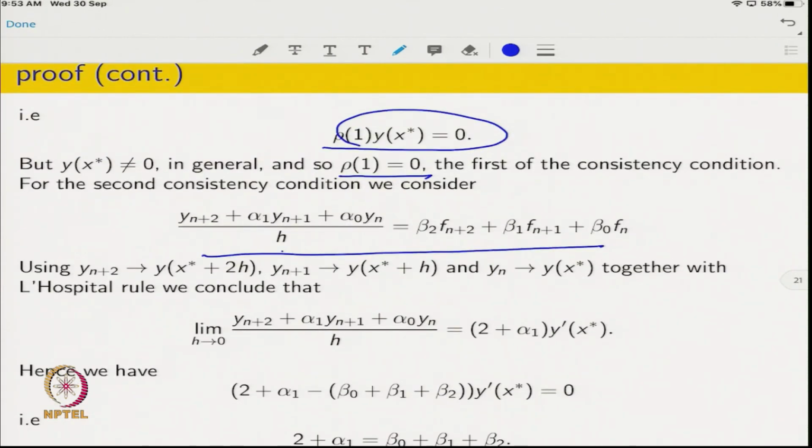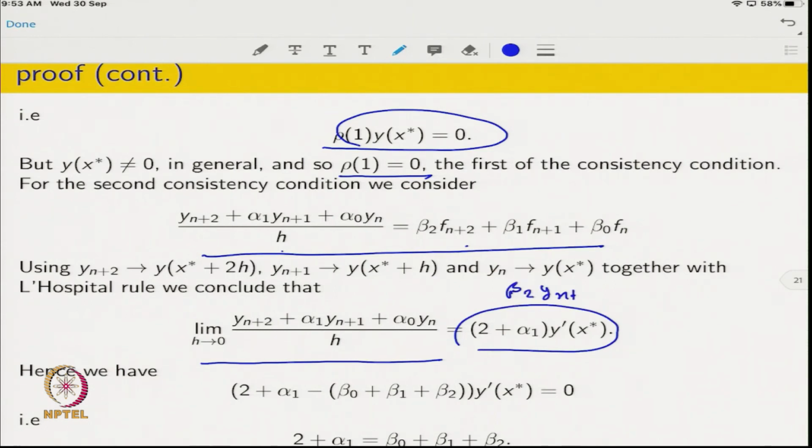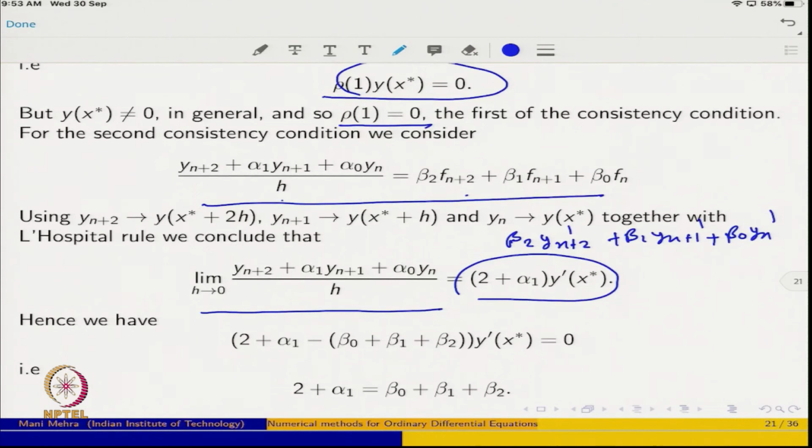Now, if we apply the limits, the left hand side becomes this, and the right hand side is basically beta 2 y'(n+2) plus beta 1 y'(n+1) and so on. The left hand side will become 2 plus alpha 1.